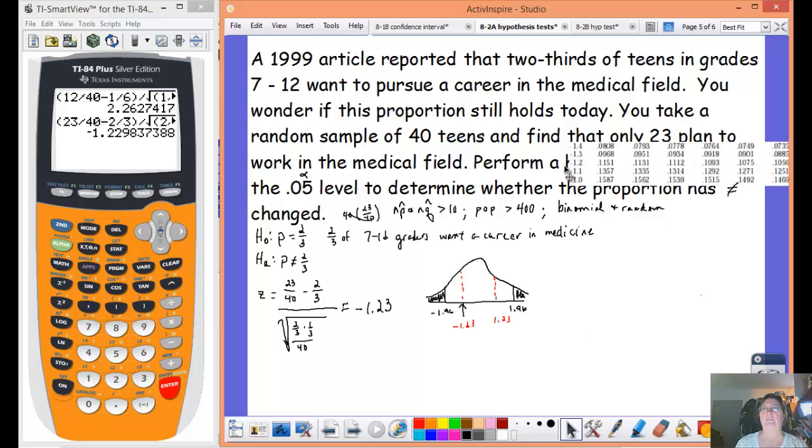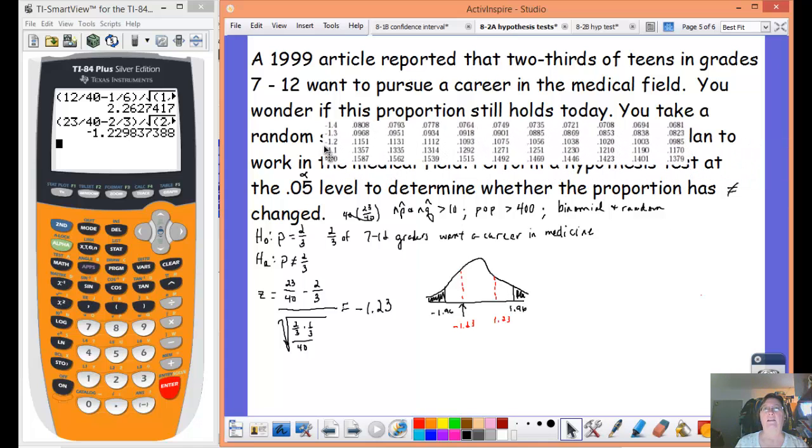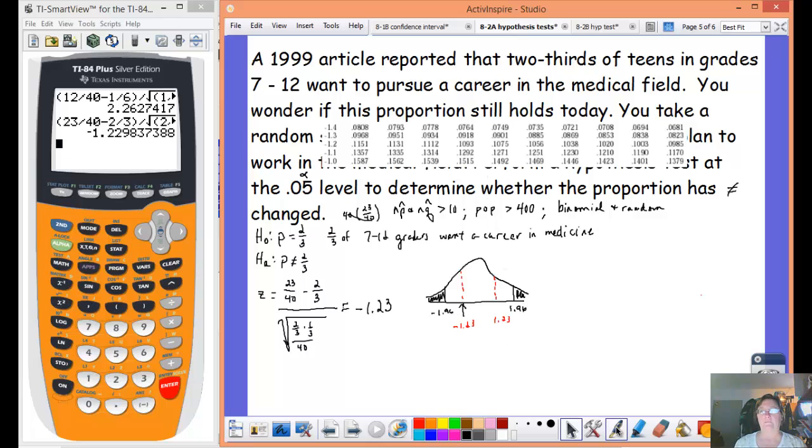I just copied the part that I needed. Our test statistic was negative 1.23, and I have the negative 1.2 row, and across are 0.00, 0.01, 0.02, 0.03. You'll see that the probability that you get less than negative 1.23 is 0.1093.